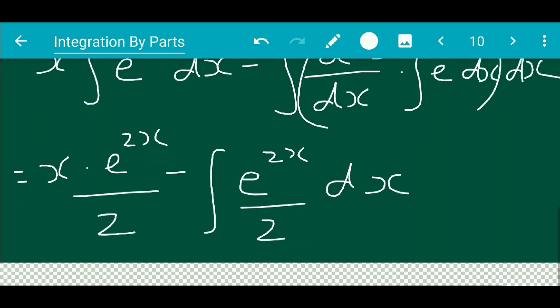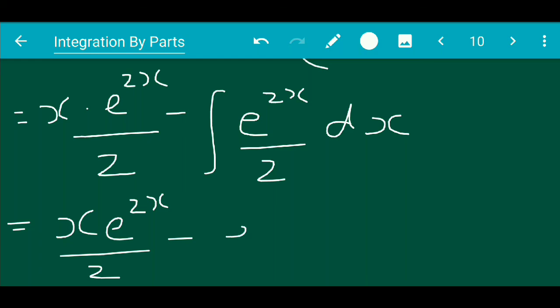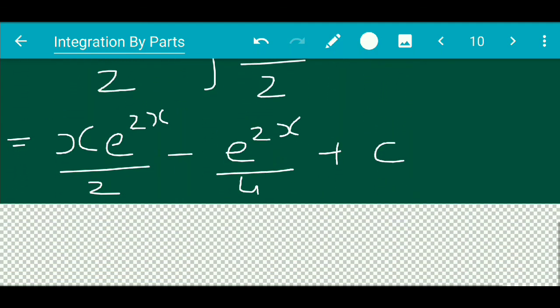Then as you know, in the next step we are going to get the first term as it is, minus the next term becomes e raised to 2x upon 4, plus c. We integrate e raised to 2x once again, so you can imagine the answer.